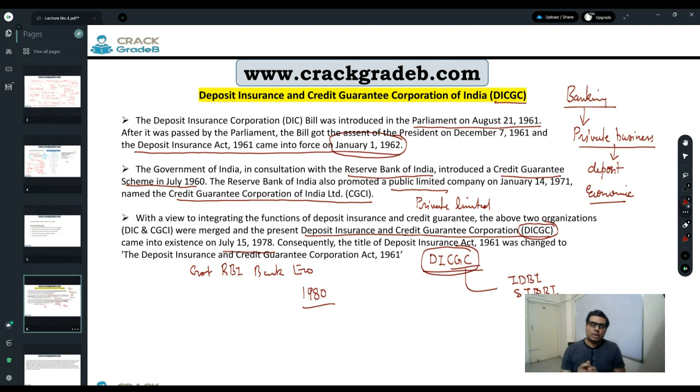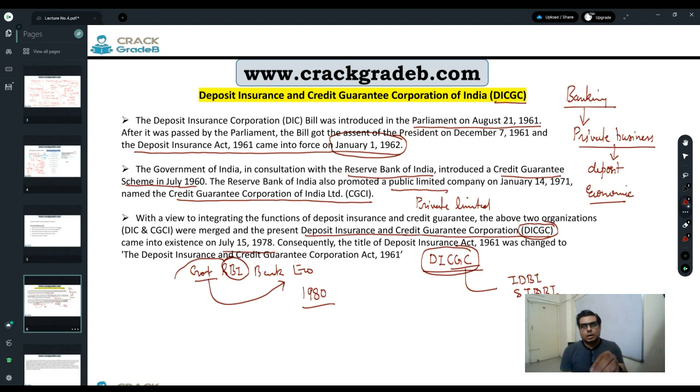So the government was continuously providing direct support to the economy. And the role of RBI, which was initially more directly supporting the economy, gradually moved into the regulatory domain.